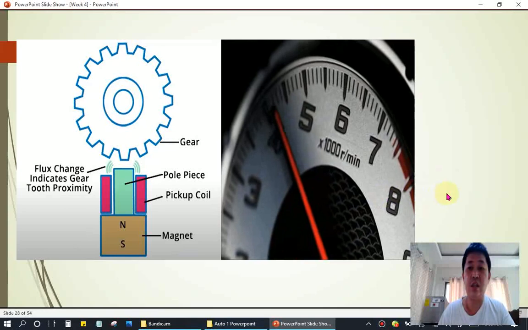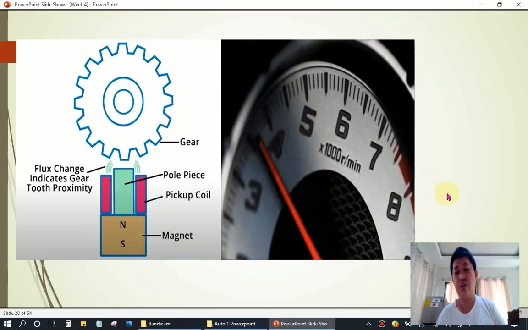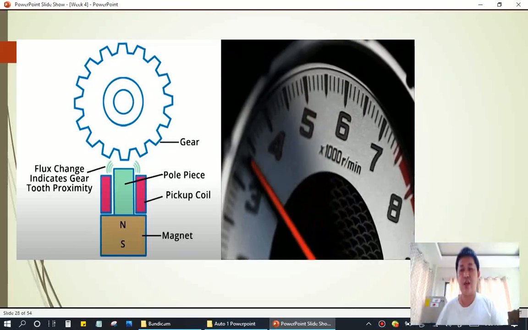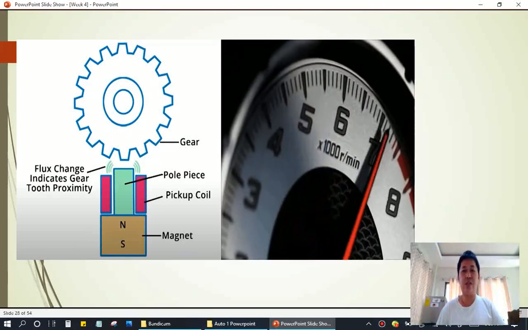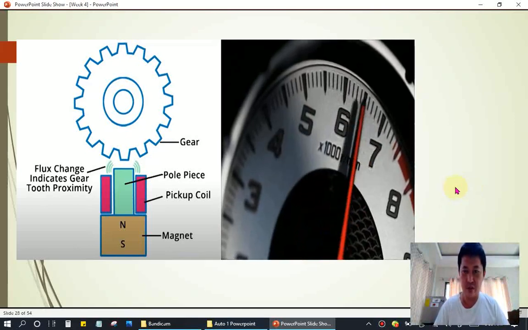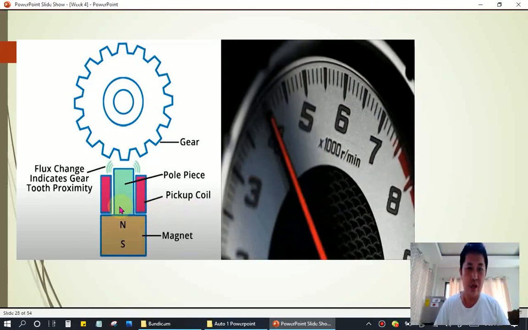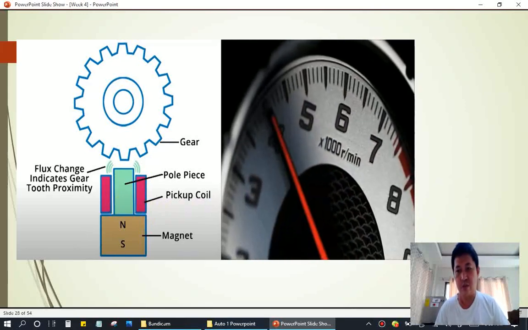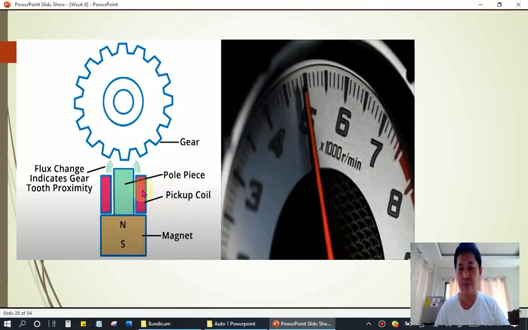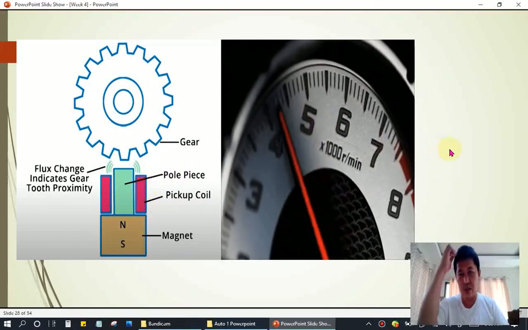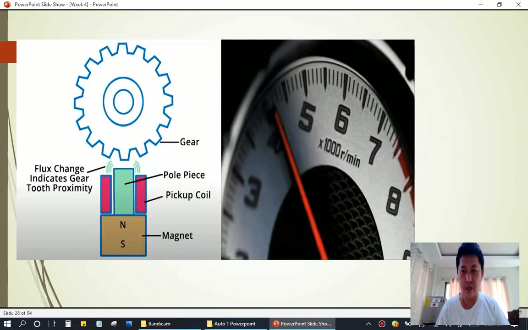It can also be read by your tachometer with a digital signal, but here is the analog signal. So one example of the capacitive sensor is your magnetic pickup or magnetic switch, or your proximity sensor. That is one application to the engine.